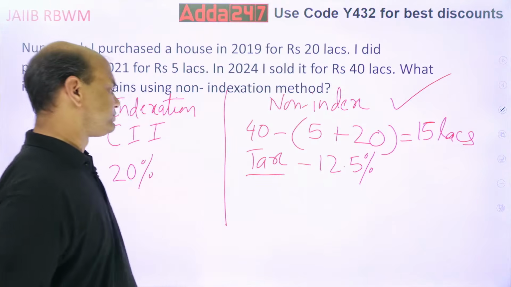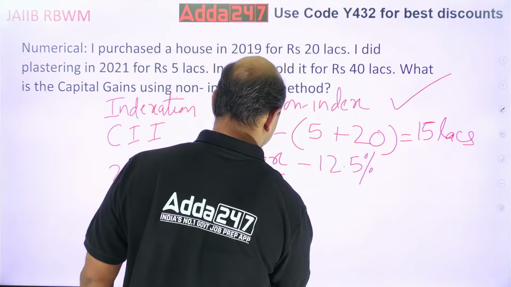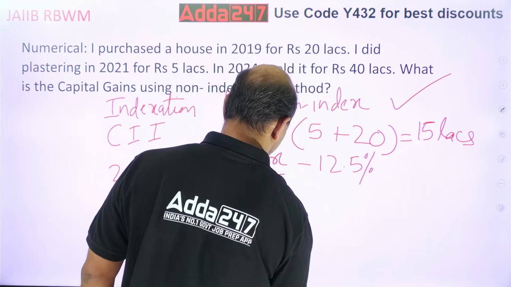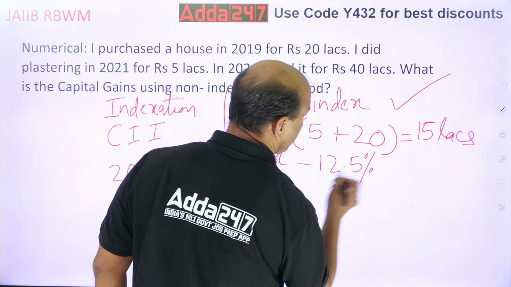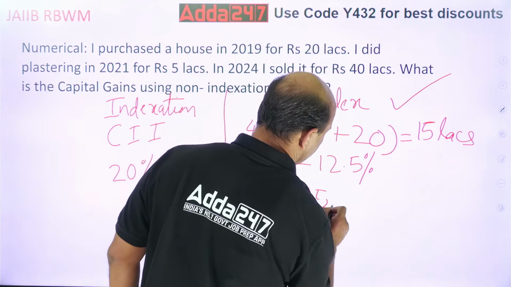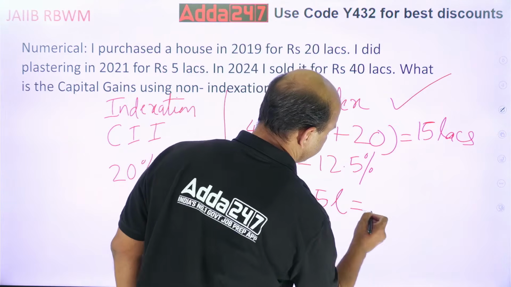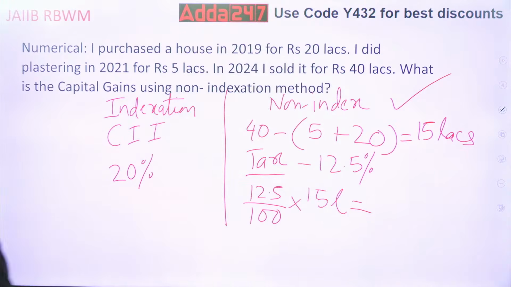So now do it. 12.5 upon 100 into 15 lakhs. Find the answer. Everyone get the answer? What is it you are getting? 12.5 into 15 lakhs.